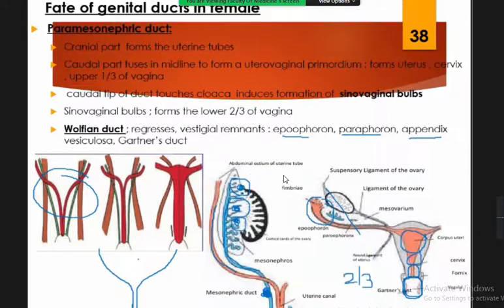These cysts should not be confused with ovarian cysts or fibroid cysts. That is different. These are sometimes called para-ovarian cysts, whose origin is the persistence of the duct system. So they can form cysts and they may be symptomatic.